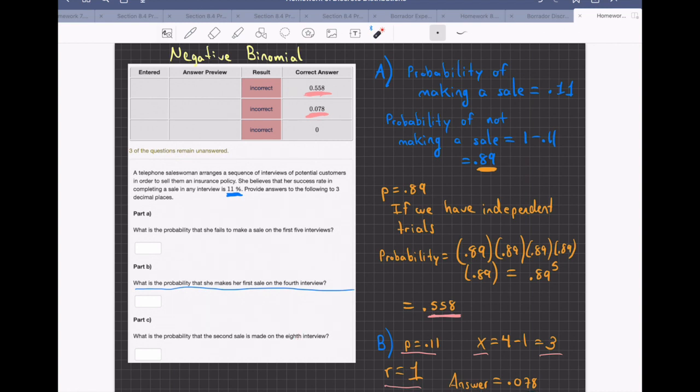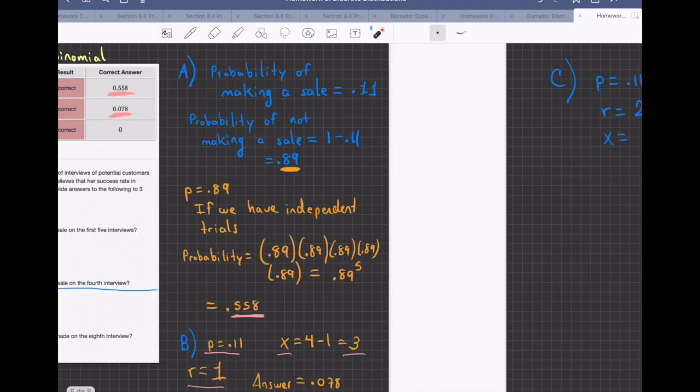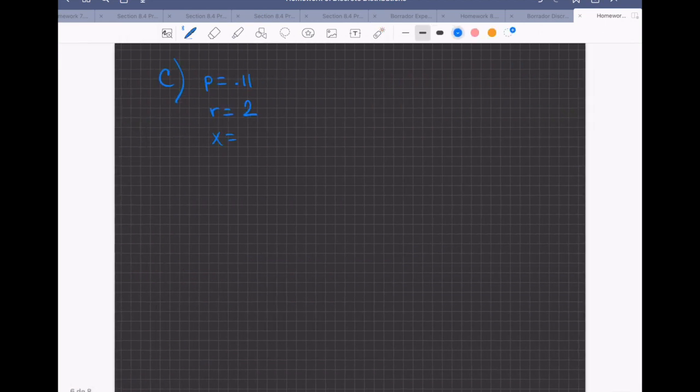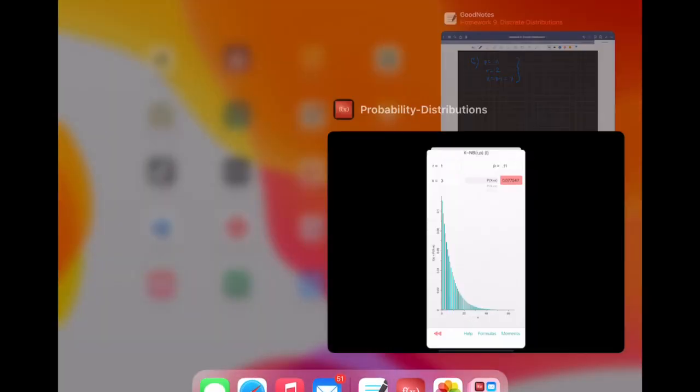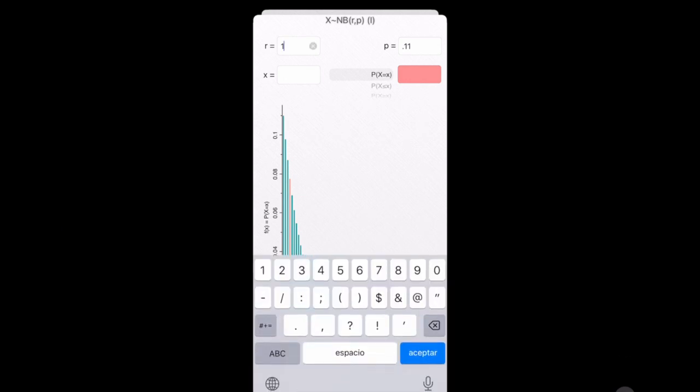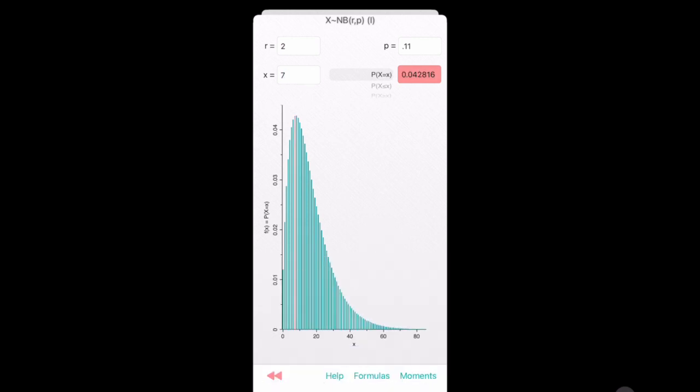So how many trials before the 8th interview? 8 minus 1 equal to 7. Those are the parameters: P equal to 0.11, R equal to 2, and X equal to 7. And the answer is 0.0428.